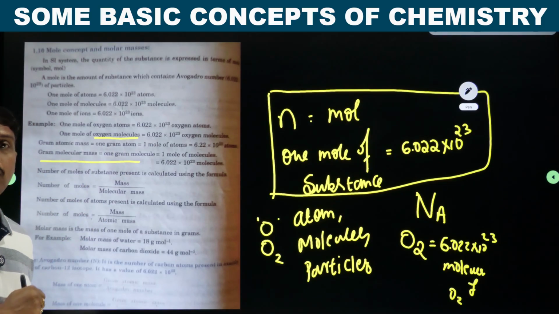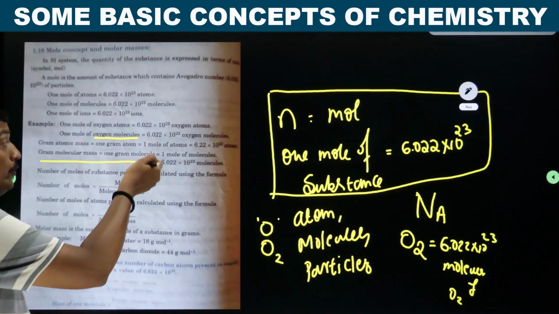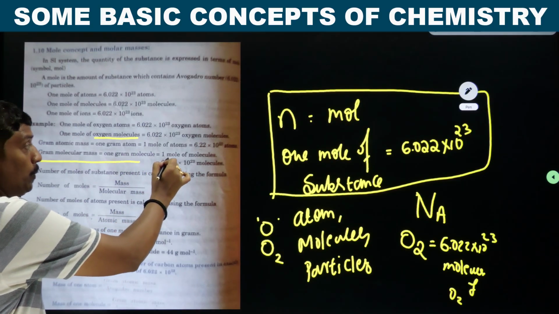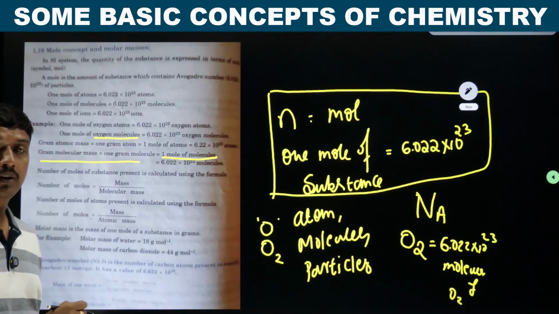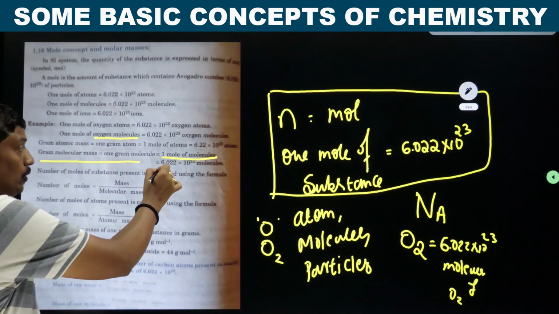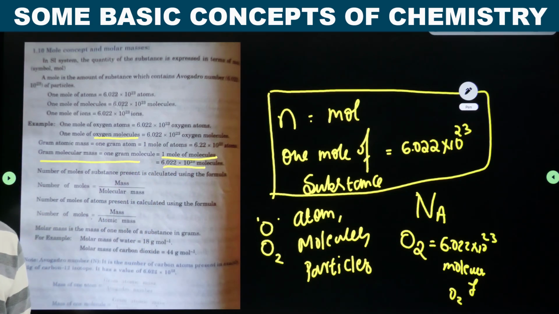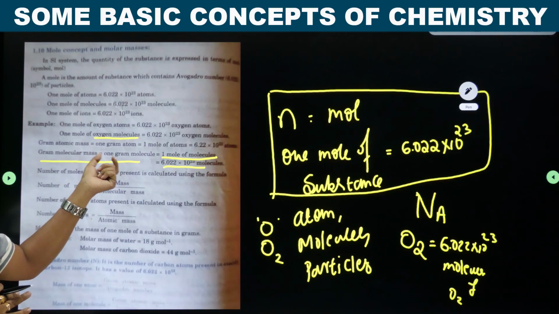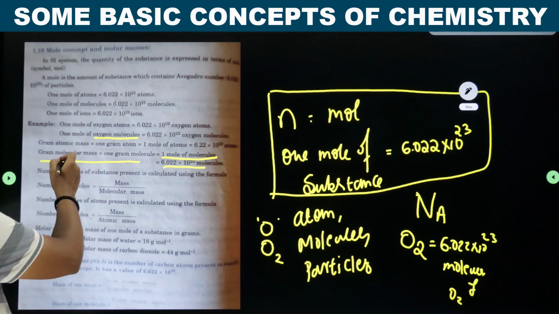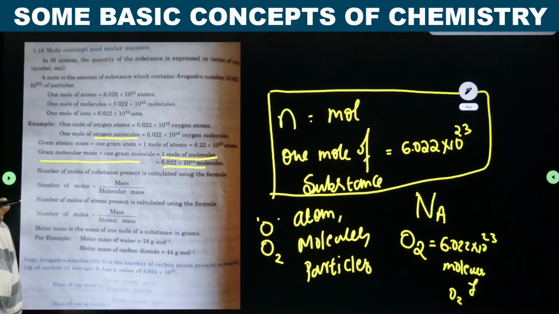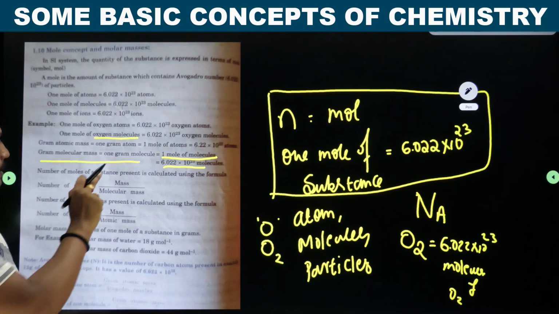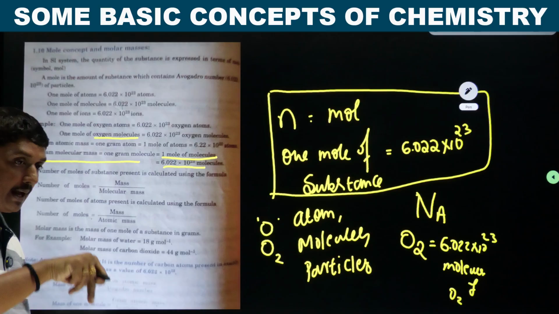What is the meaning of 1 gram molecule? 1 gram molecule is equal to 1 mole of the molecules, which consists of 6.022 into 10 to the power 23 molecules. Let me take a small simple example.